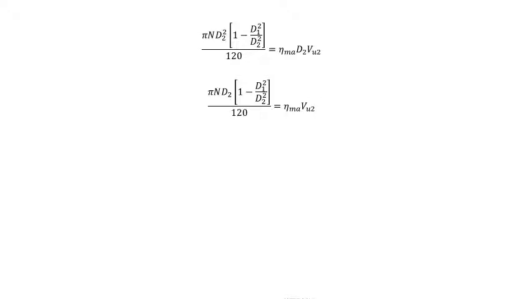So on the left hand side there is only pi N d2, and on the right hand side there is no d2 term because it cancelled in previous steps. For that reason, the minimum starting speed is given by pi N d2 (1 - d1²/d2²)/120 equals the manometric efficiency into Vu2.